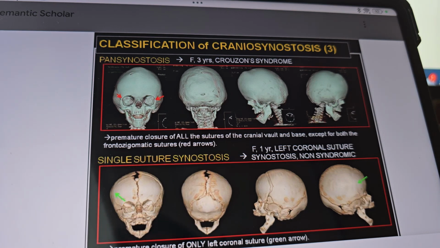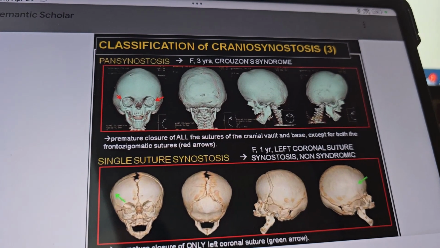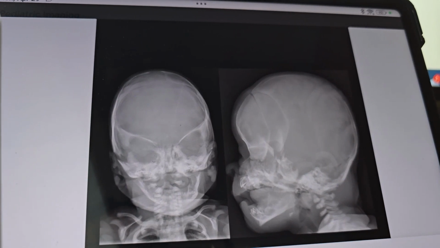This is the CT scan, the effectiveness of which I want to show here. And this is the X-ray of a craniosynostosis patient. You can appreciate there is a bicoronal suture synostosis.